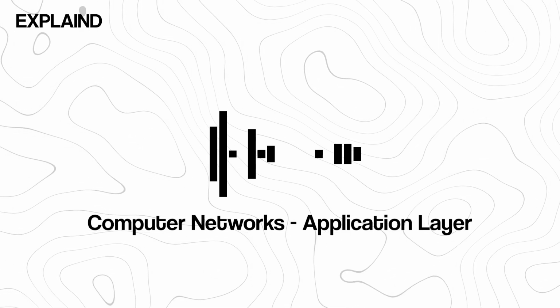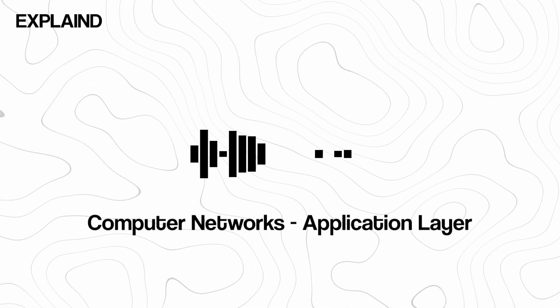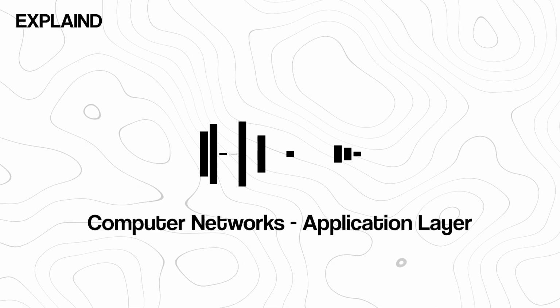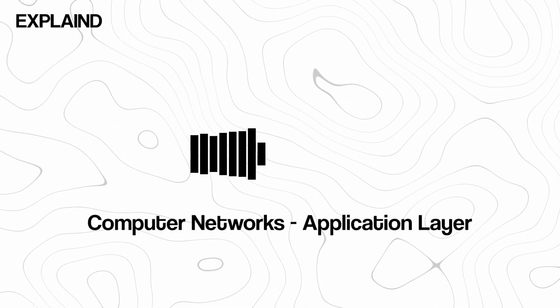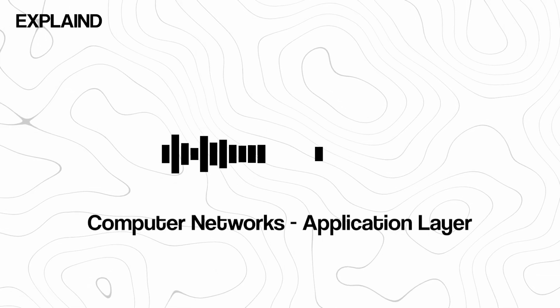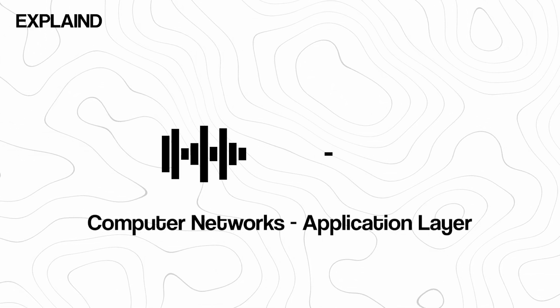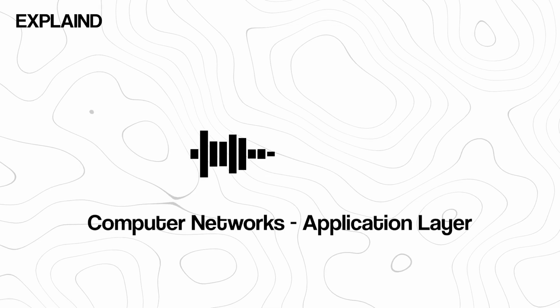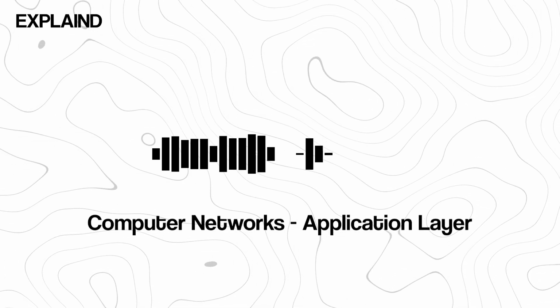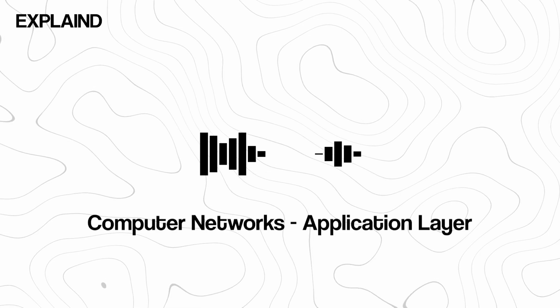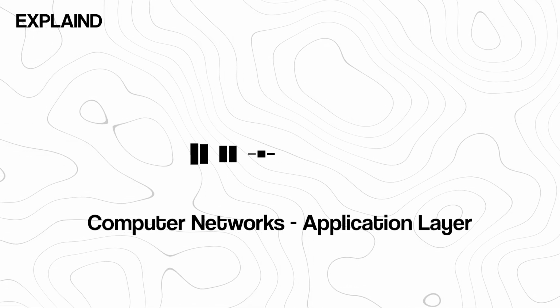You need the correct address to ensure it reaches the right recipient. On the internet, devices are identified by unique numerical identifiers called IP addresses. So every device connected to the internet has its own unique IP address. Exactly. And to be even more precise, applications use port numbers on top of IP addresses to differentiate between various services running on a single device.